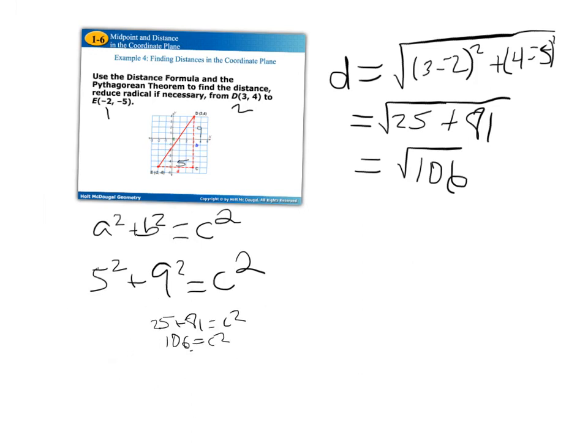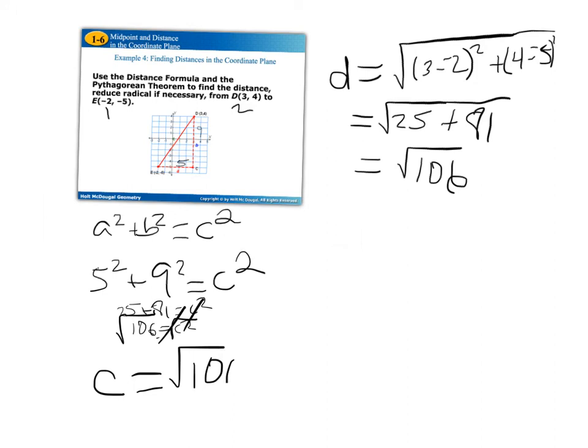But I don't want C squared, I want what C equals. So to find C, I take the square root of C squared, and that cancels out the squared. So C equals the square root of 106. And that's the same thing that we found over here and over here. So using the distance formula or the Pythagorean theorem, you can find the distance.